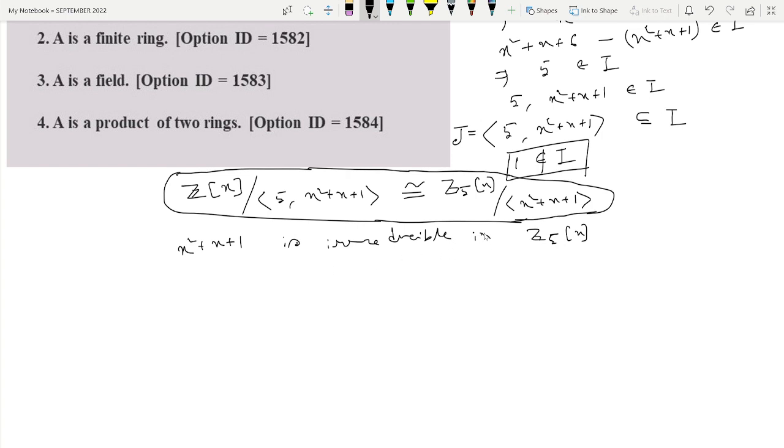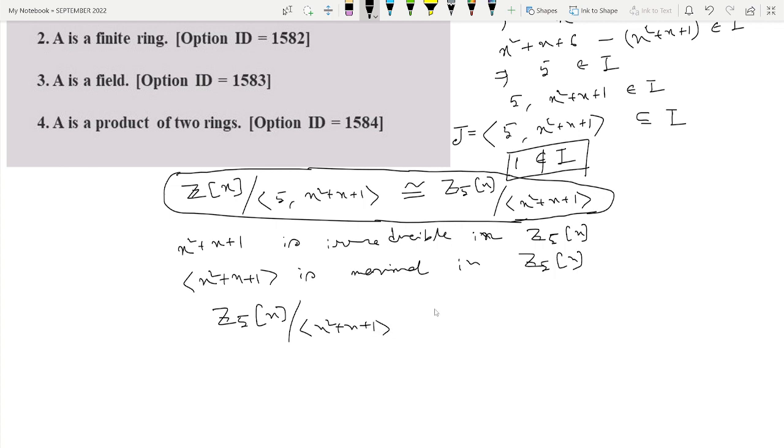We need only PID here, so it is also a PID. So the ideal generated by this polynomial is maximal in Z5[x], and hence this quotient ring Z5[x] by the ideal generated by this is a field.